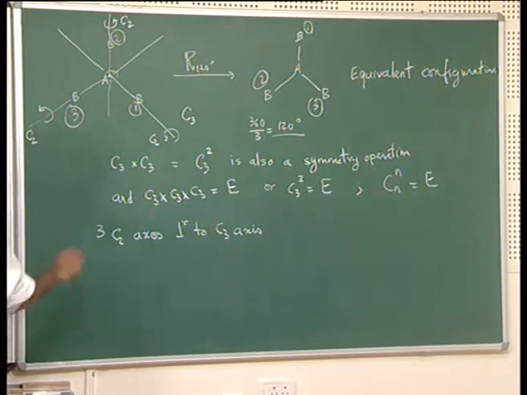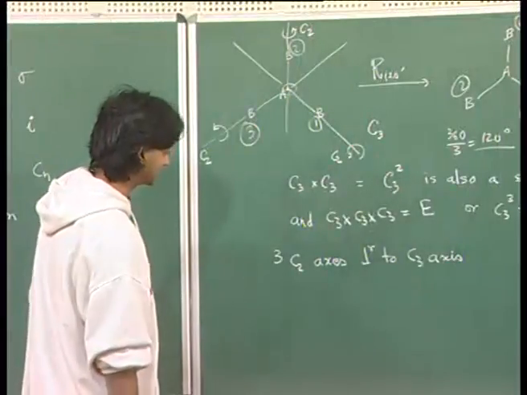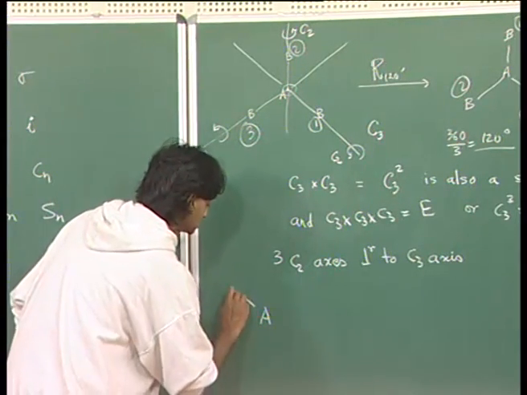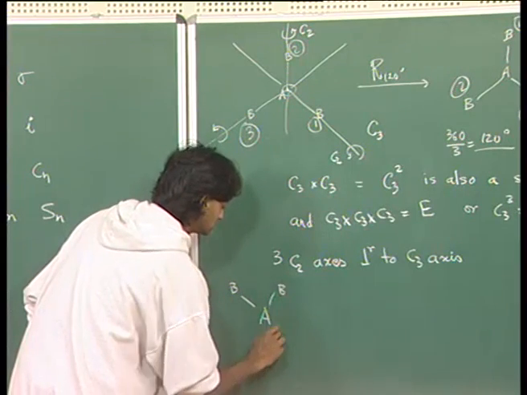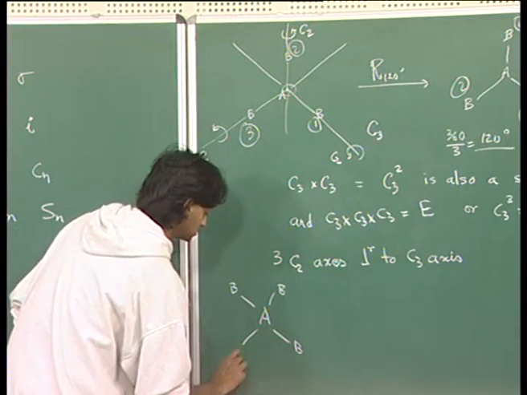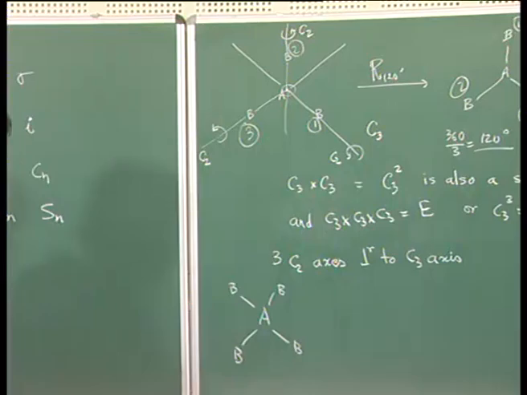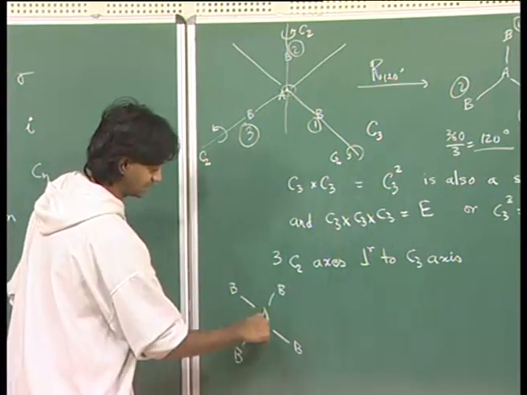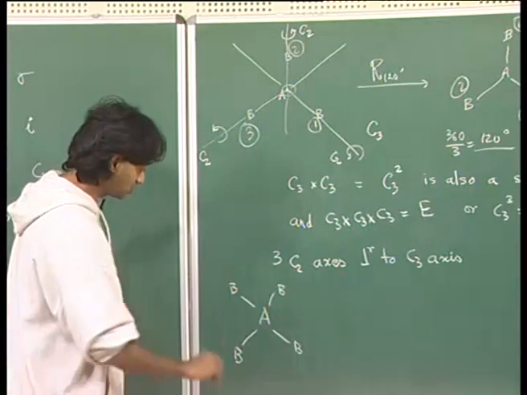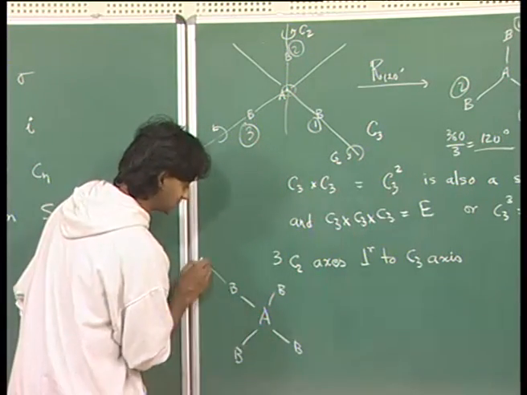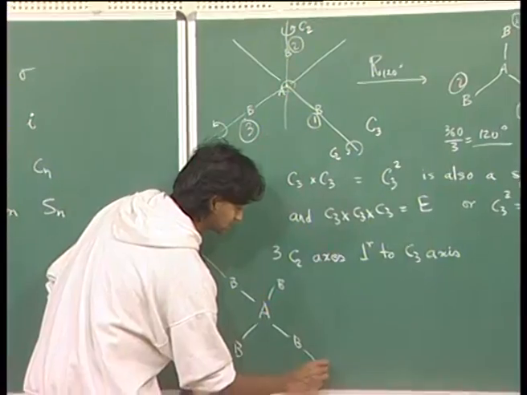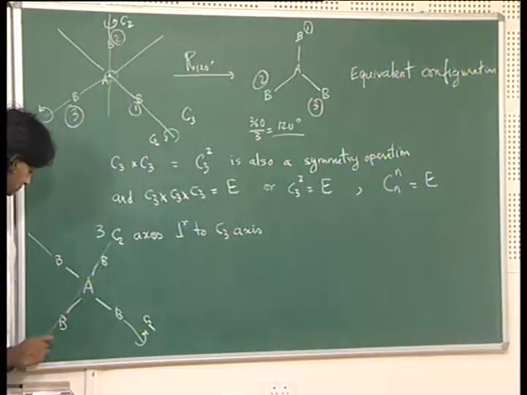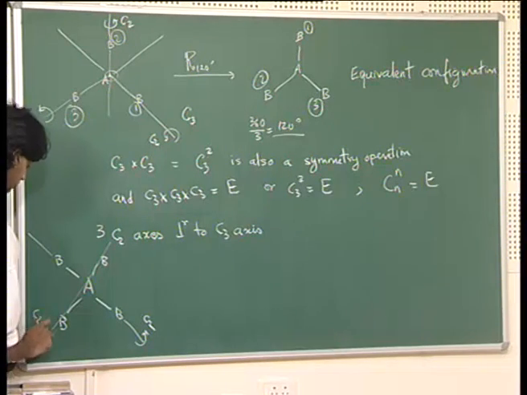Now suppose you had a molecule that had a C4 axis, say AB4. So this is a molecule with a C4 axis, the axis perpendicular to the plane. Again each of these is a C2 axis. This is also a C2 axis.